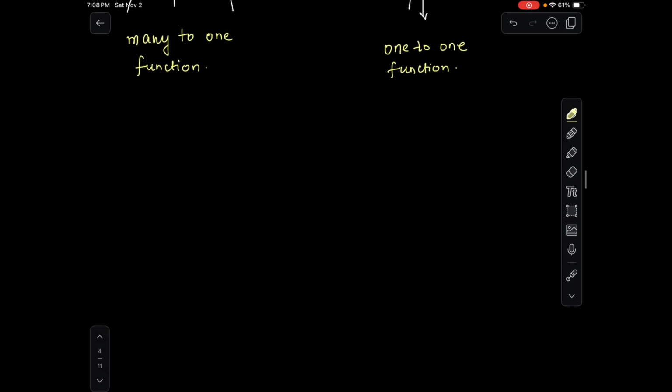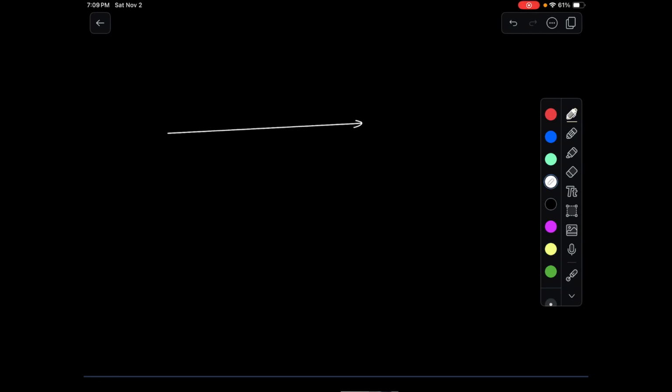Let's say I draw another graph, which is something like this.